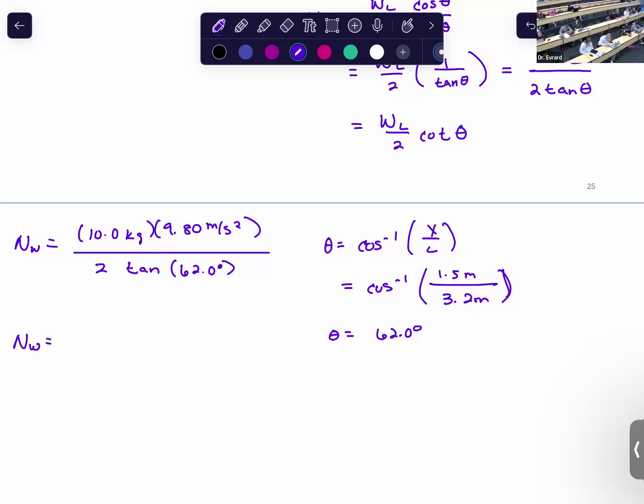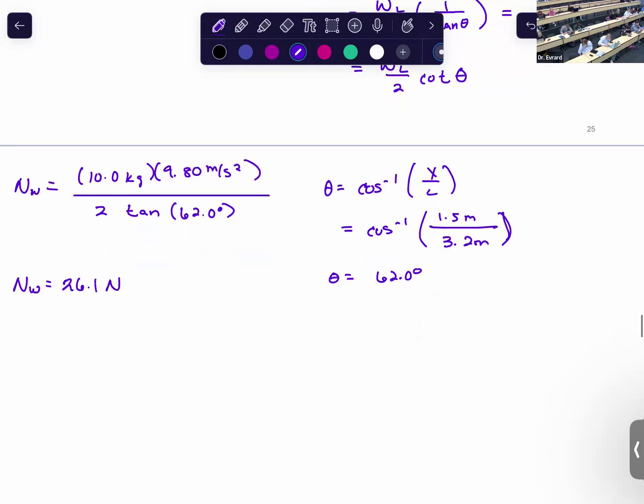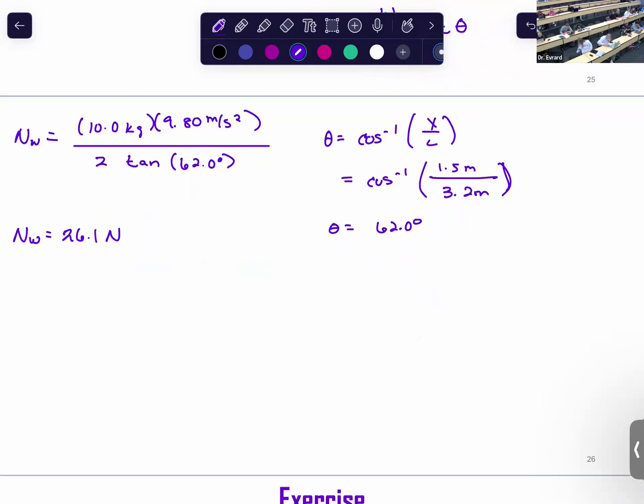Normal force due to the wall is gonna be 26.1 newtons. We have just a little bit more to go. We found out that your static friction force equals this normal force due to the wall.